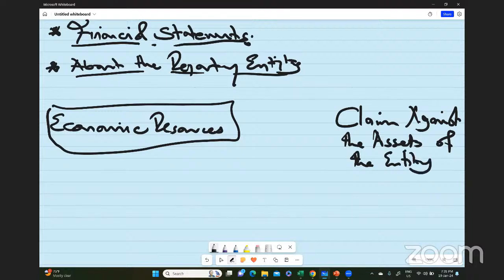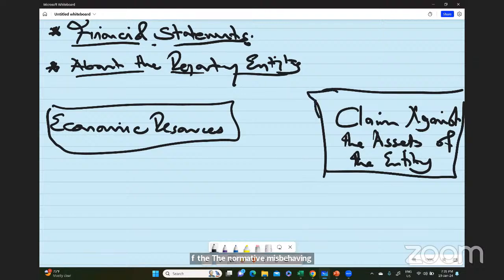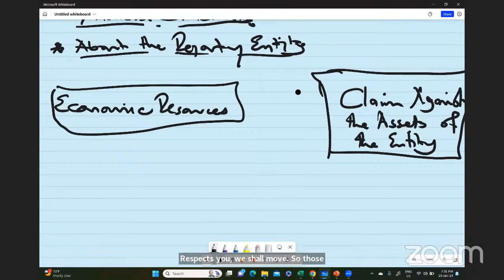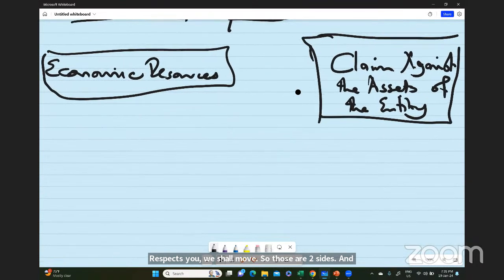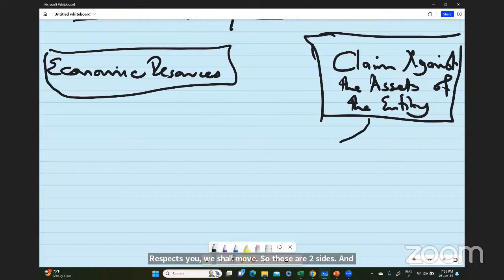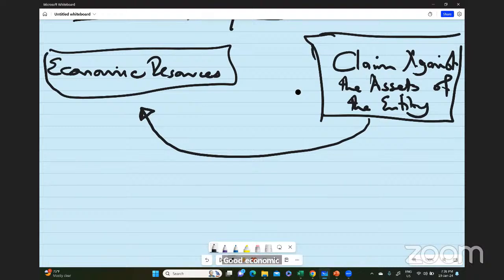So those are two sides. And we said that it is these claims that we use to get what? To get economic resources, isn't it so? It is these claims that give birth to what we call economic resources.